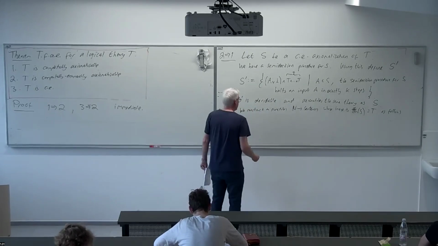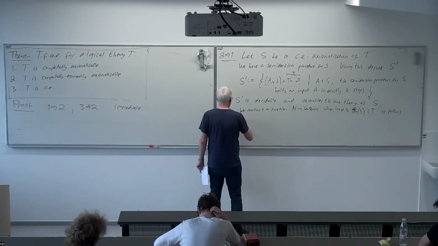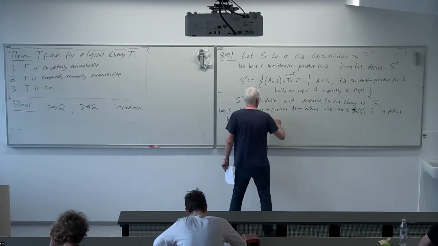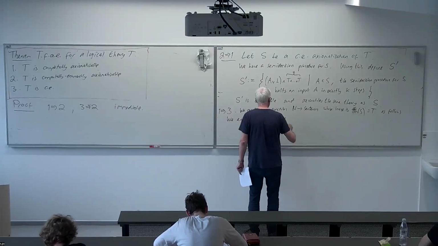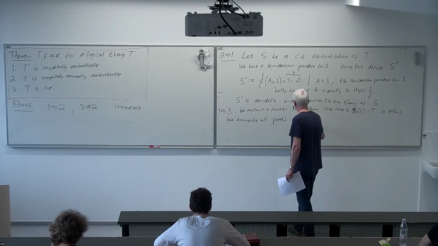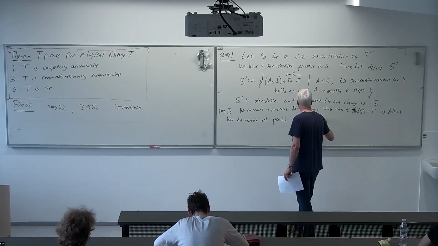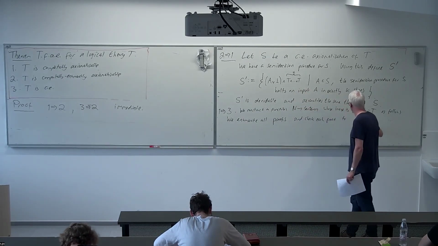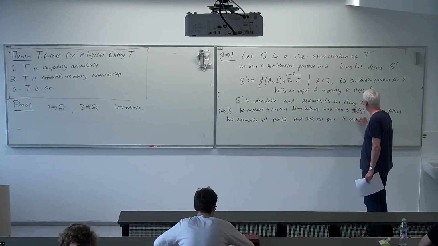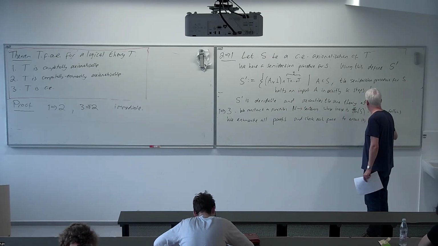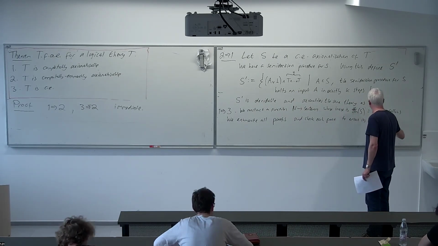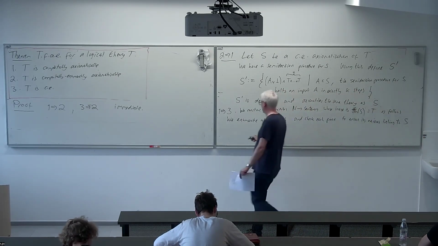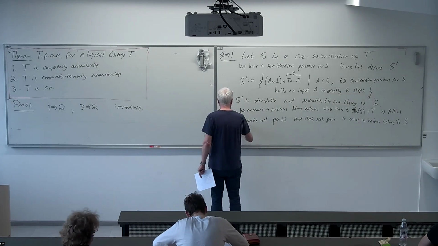So we enumerate all proofs and check each proof to ensure its axioms belong to S. For that check we're using decidability.